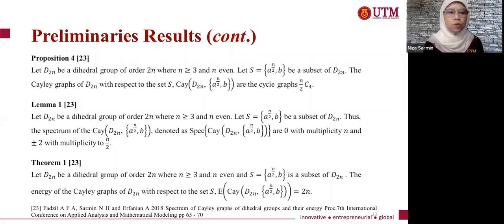Later on in 2018, we found these results for the Dihedral group, in which S is this subset of the Dihedral group. We found that the Cayley graph of this is the cycle graph n over 2 C4. And so we get the spectrum of this graph and also the energy.